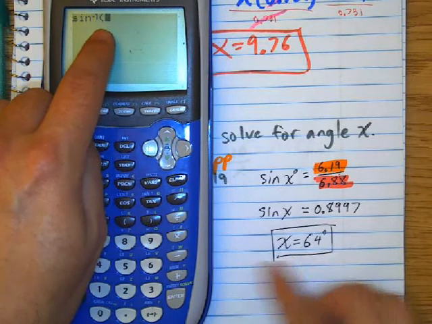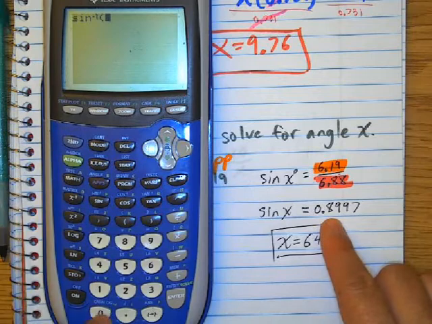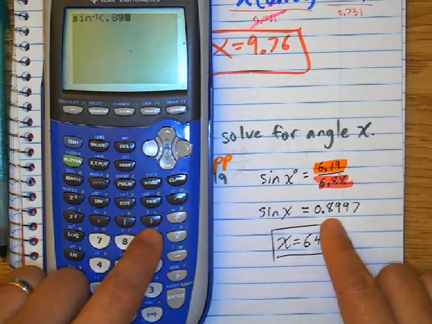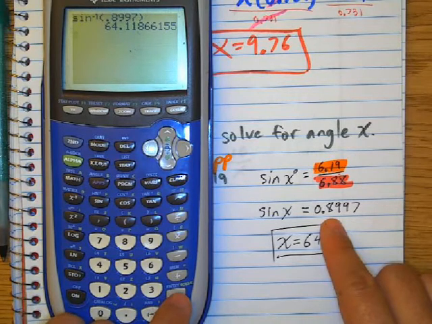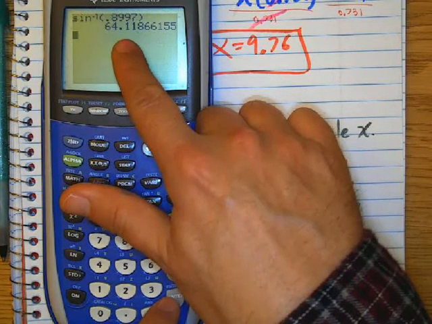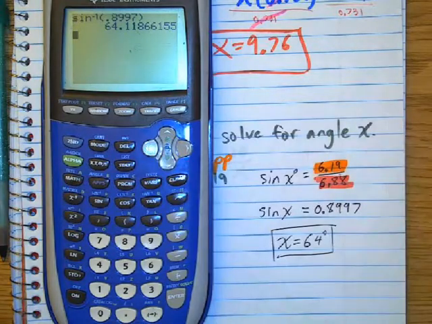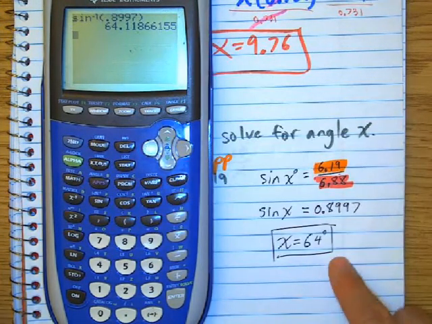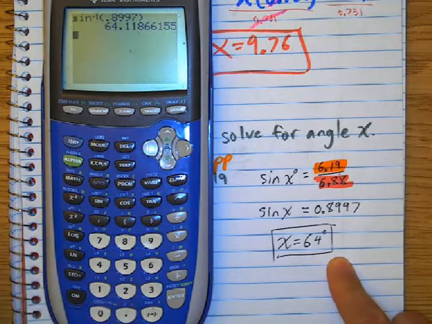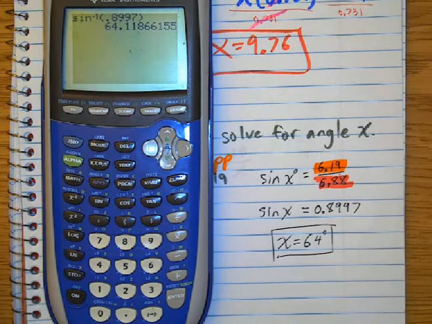And I'm going to plug in the decimal, 0.8997, and then I hit enter, and it gives me the angle. The angle is 64.1 degrees. So the calculator will give a more exact answer, and this is the answer that I found using the chart. I hope that helps, and good luck with the homework.